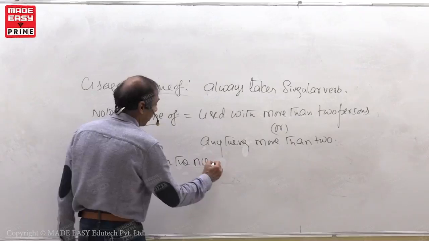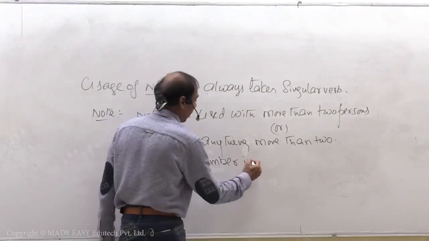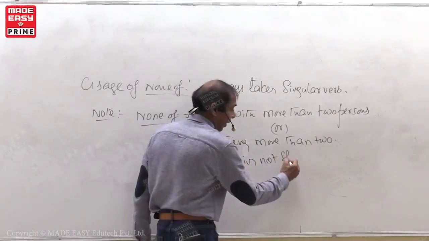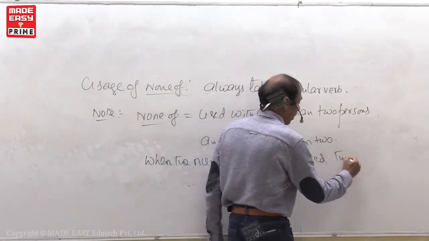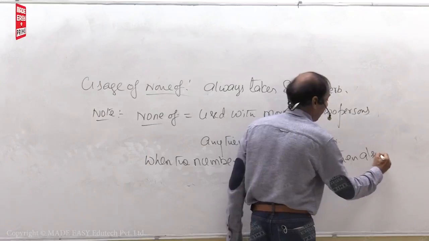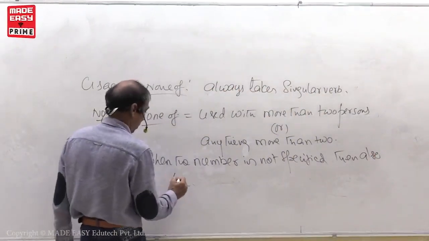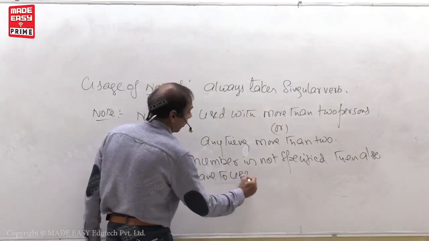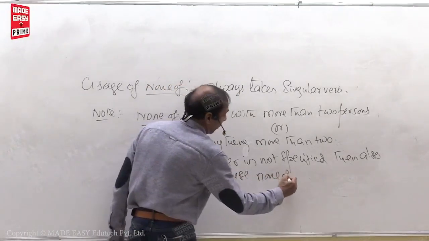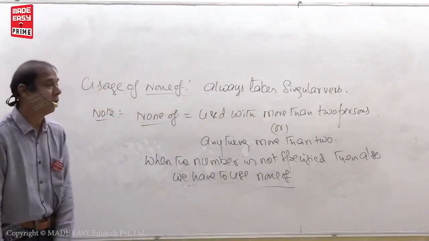When the number is not specified, then also we have to use none of.